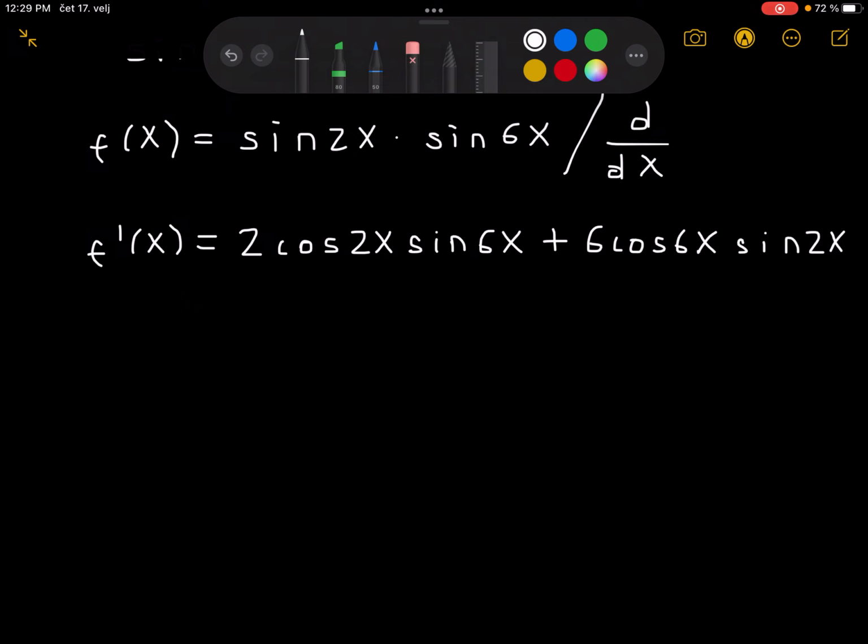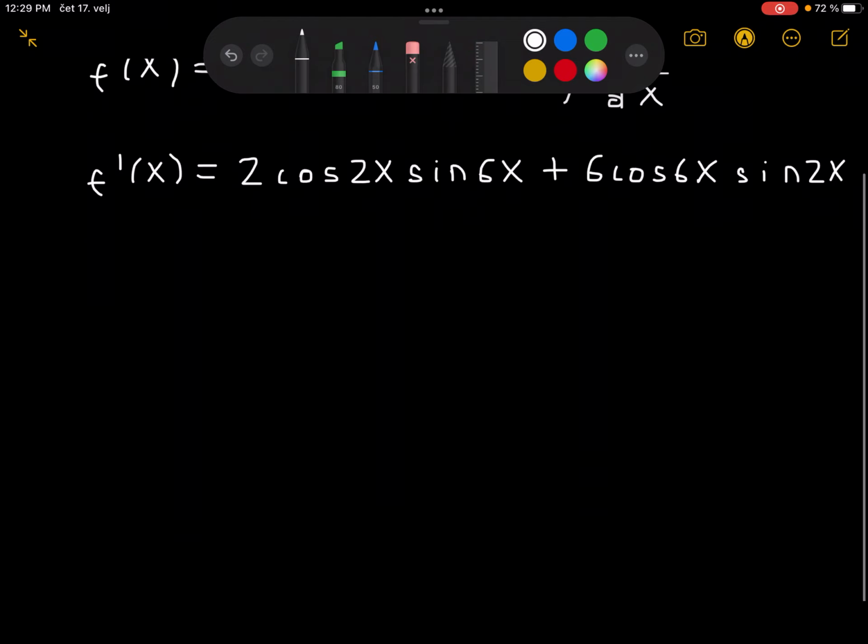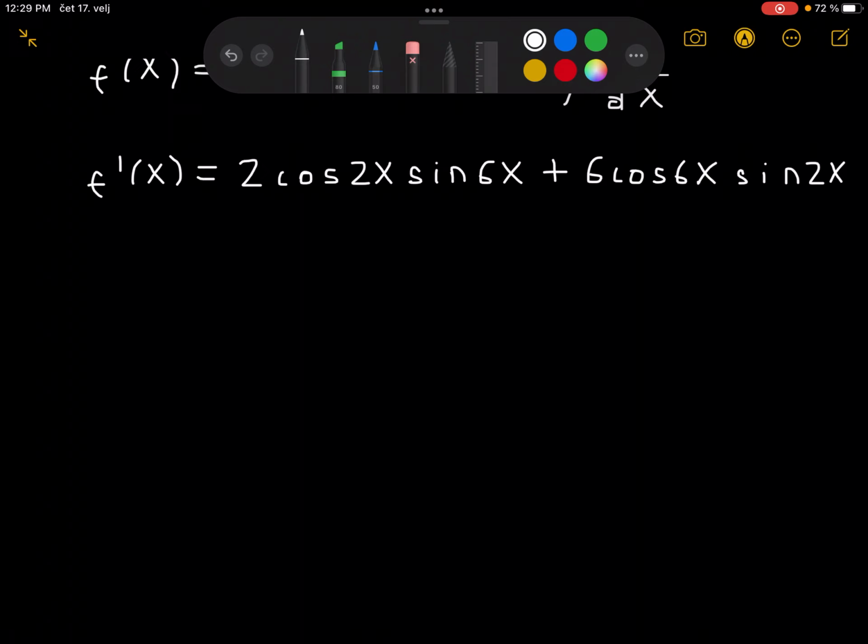Okay, and we'll have to set this derivative equal to 0, which will give us a rather unusual trigonometric equation.